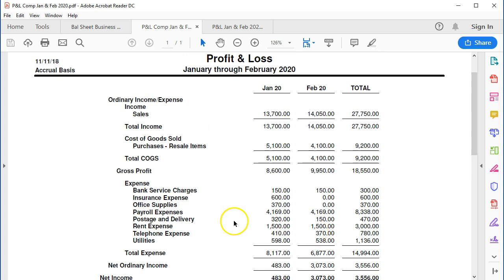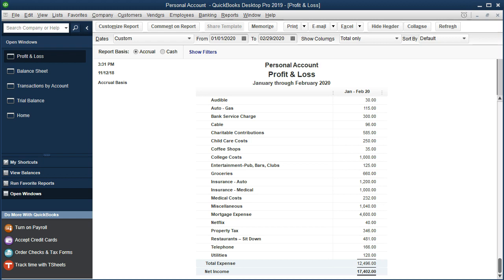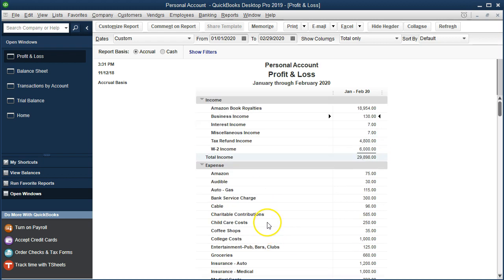The only difference being on the business side, the expense accounts typically will sound more like what we probably think of as QuickBooks expense accounts, because QuickBooks is typically used for the business. On the personal side, of course, we will be using whatever expense accounts we think will be helpful for us to budget, to track where we spend money, for whatever purposes we want to know where the money is going.